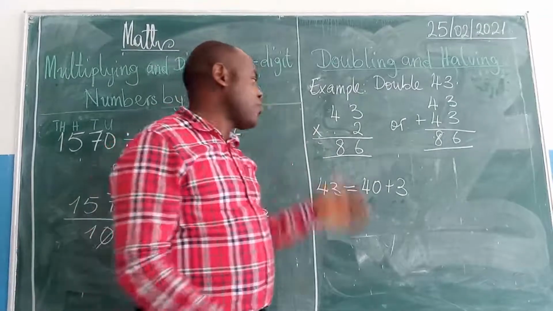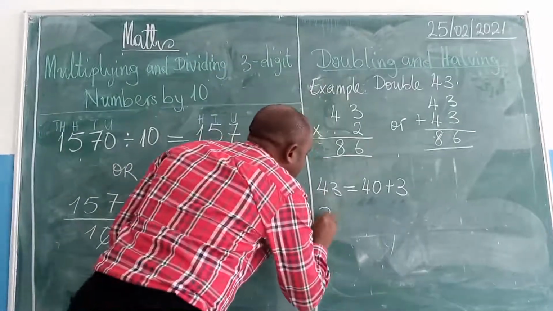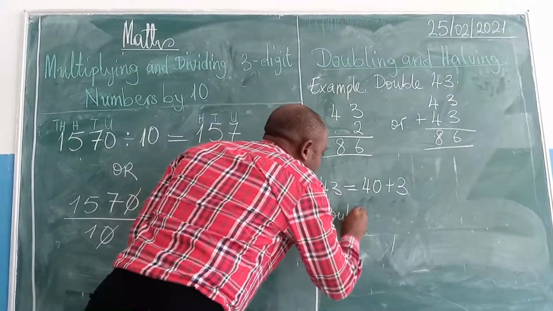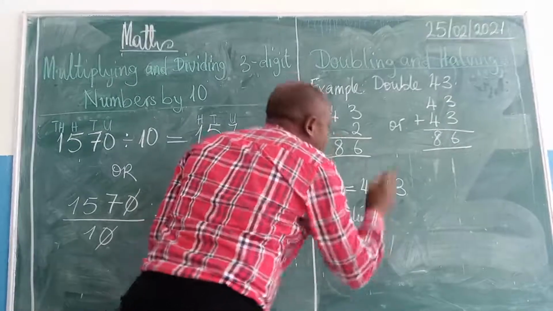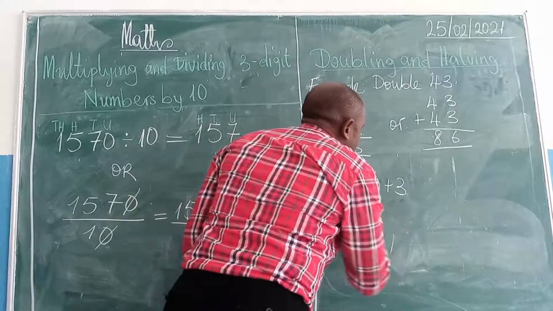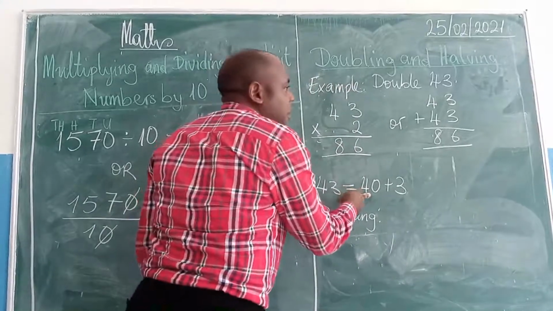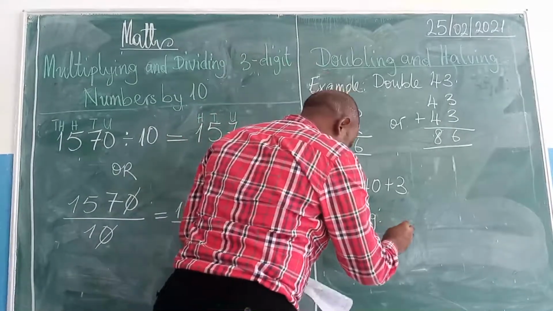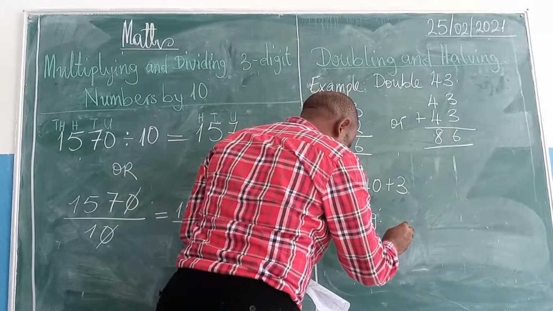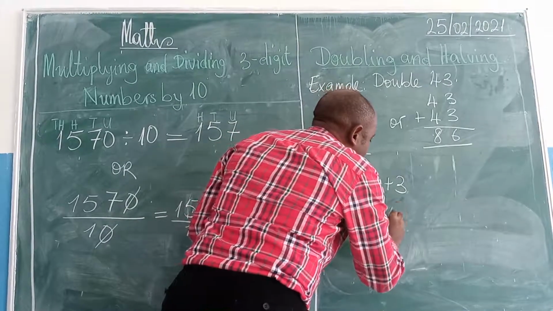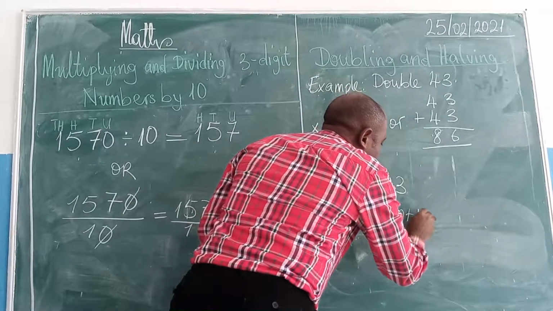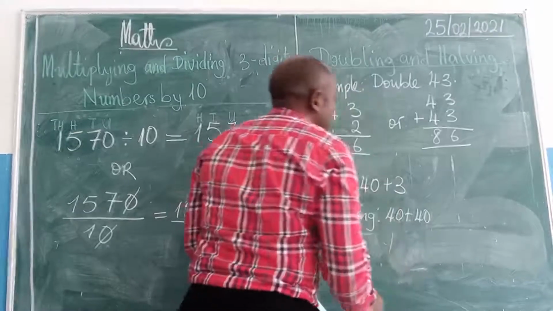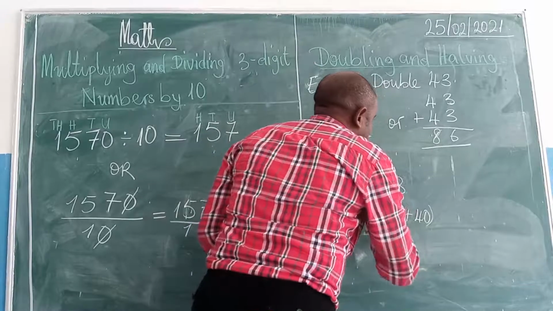So what will be double? I now double this. So doubling, I will now have 40 plus 40. This is the first one.